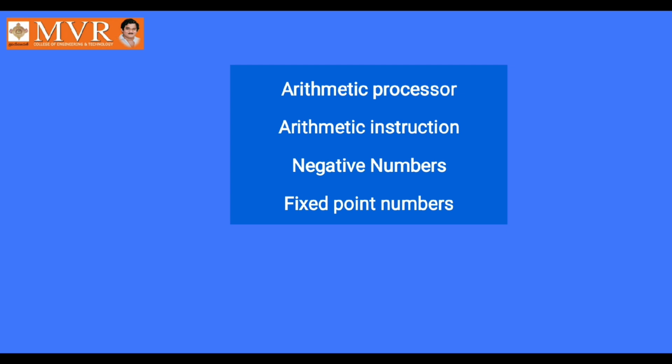Decimal data may later be converted into binary for easy understanding by the computer. This data may be fixed point or floating point. So you can have fixed binary or floating binary, and fixed decimal or floating decimal. In any of these four forms, you can perform the arithmetic operation.